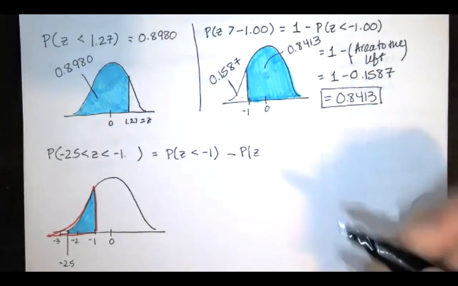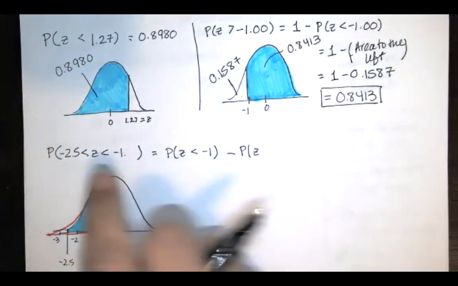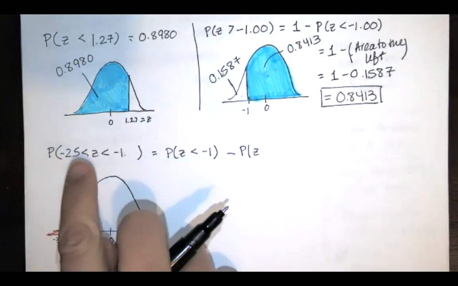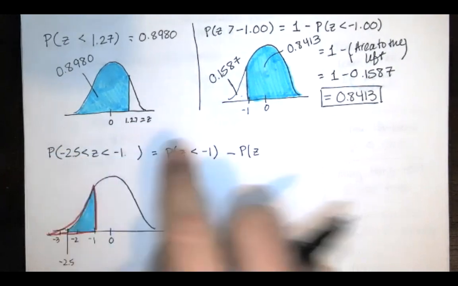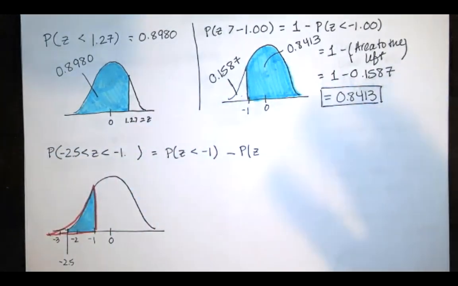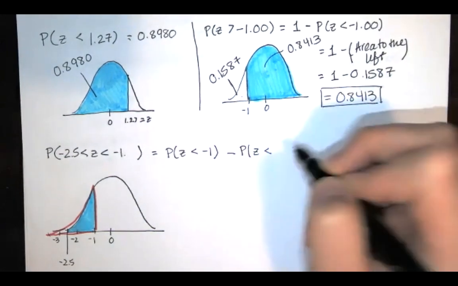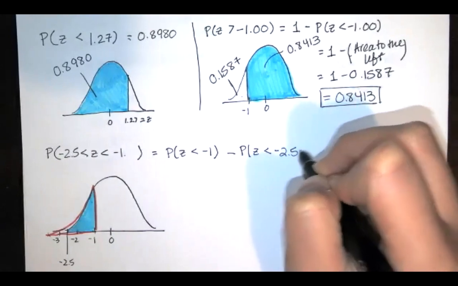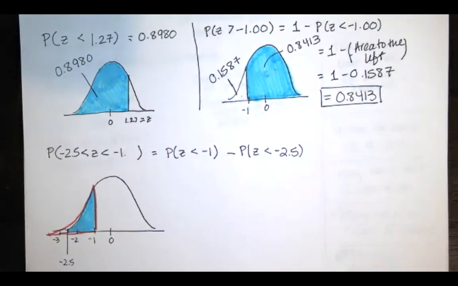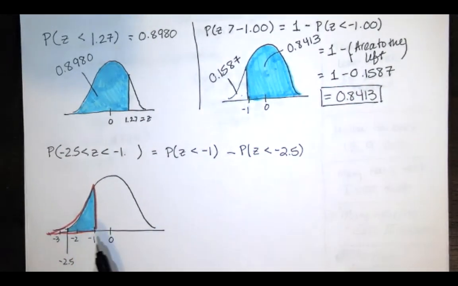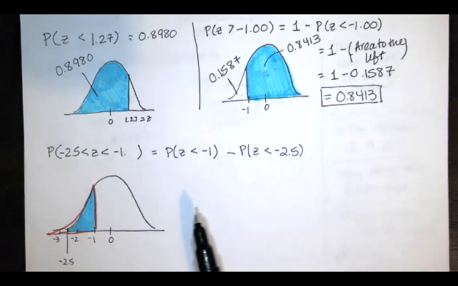Now, a lot of students will try to memorize a formula. They'll try to say, well, the probability that Z lies between A and B is the probability that Z is less than one of those minus the probability that Z is less than the other one. I actually don't have that memorized at all. I look at this picture every time, and I highly recommend you do as well, because that is much more insightful than just memorizing some formula.